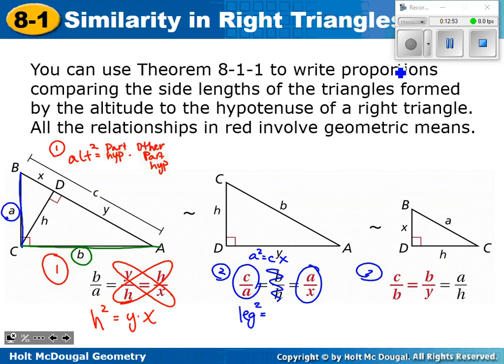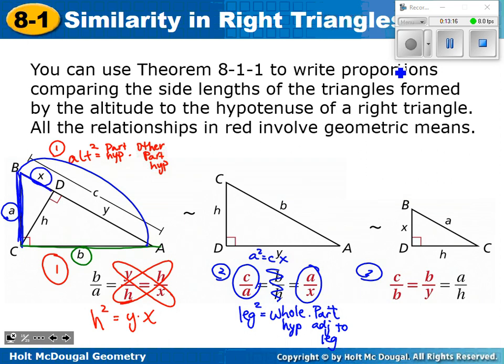So the leg squared is equal to the whole hypotenuse times the part adjacent to the leg.